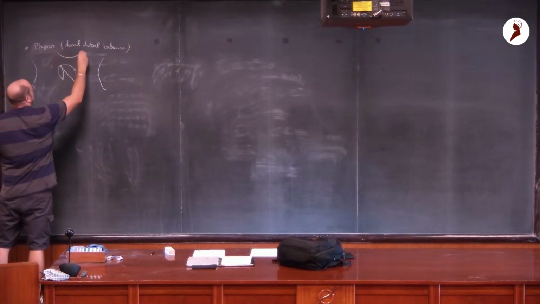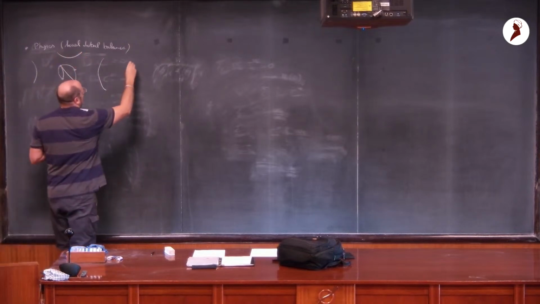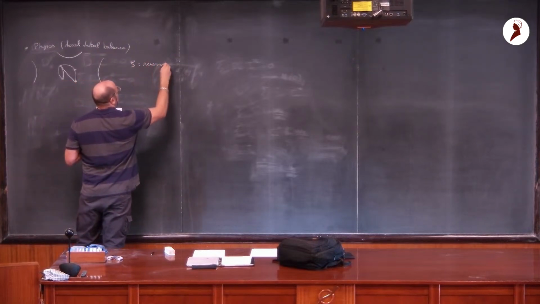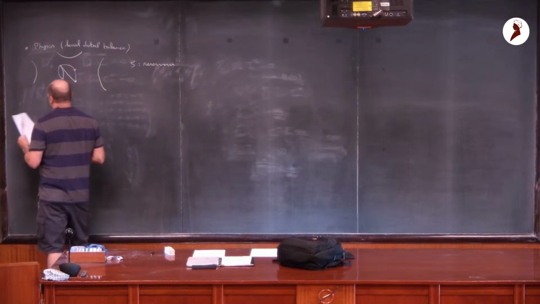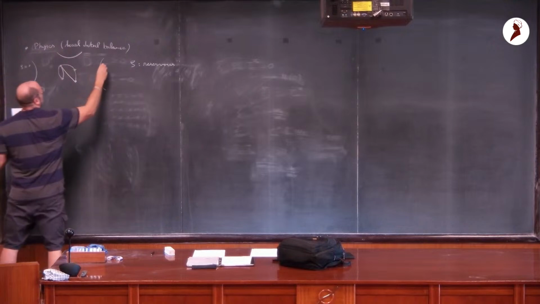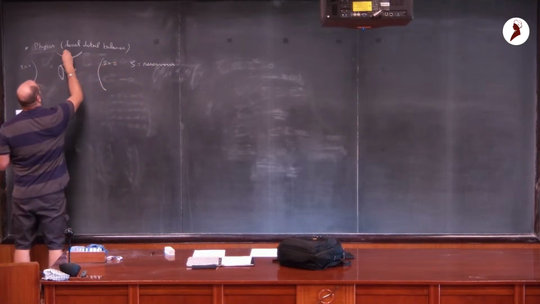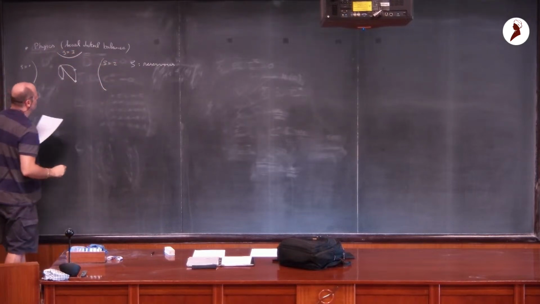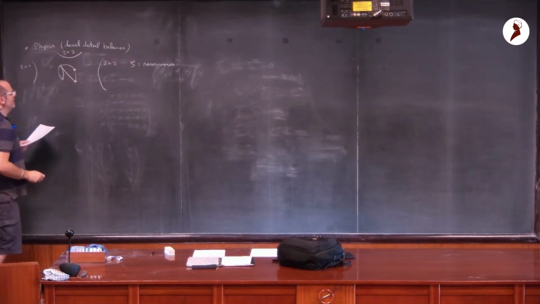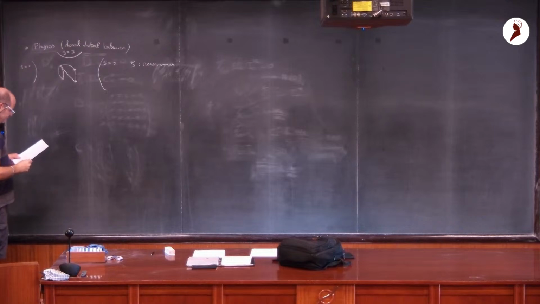Let's use rho for the labels of the reservoirs. So this could be rho equal 1, rho equal 2, rho equal 3. This is a picture, of course. In practice, they will only enter via the rates.